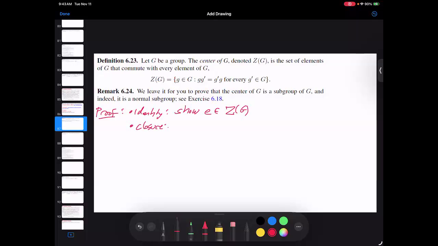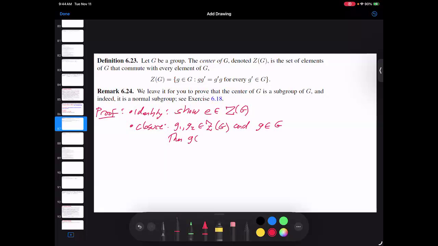So if we have g1, g2 in the center, and g is anything in G, then we have to show g1g2 is in the center.